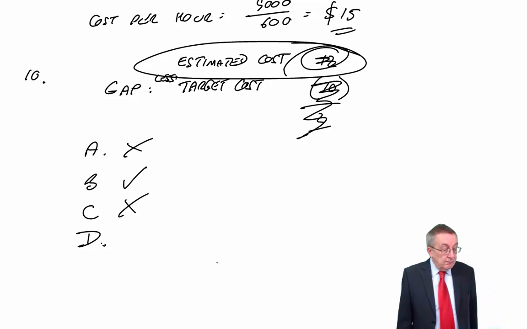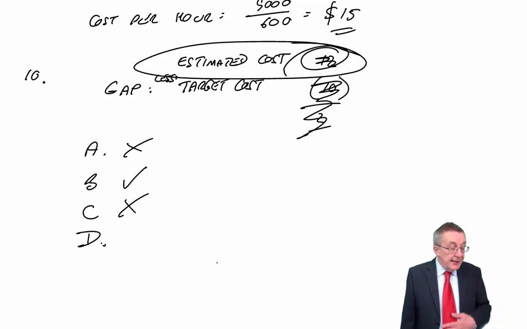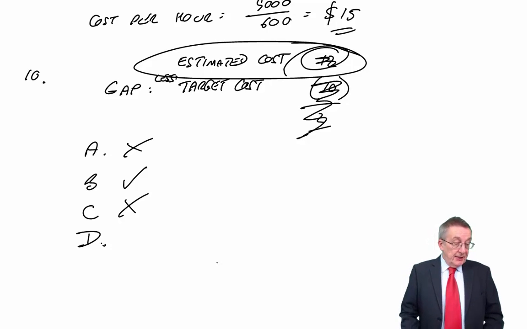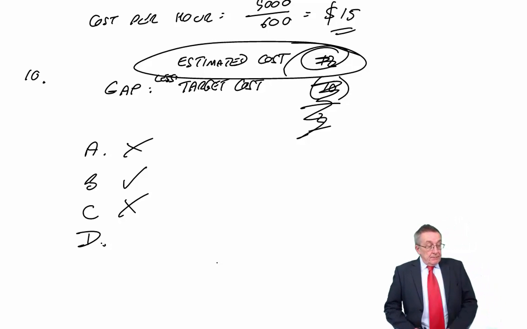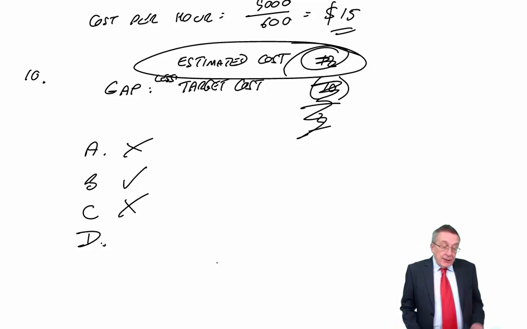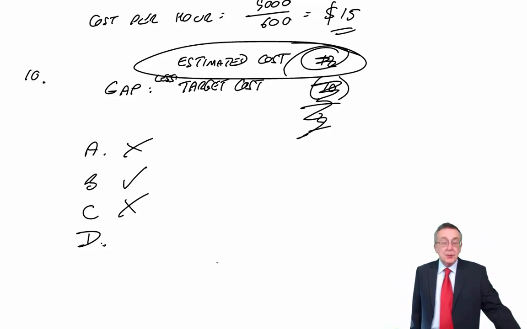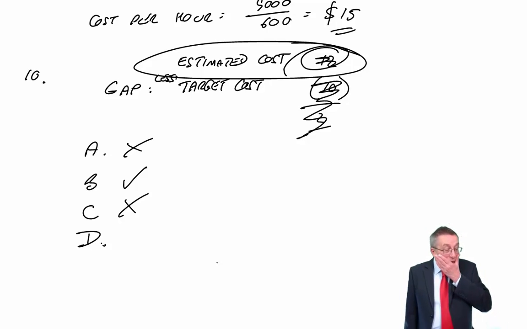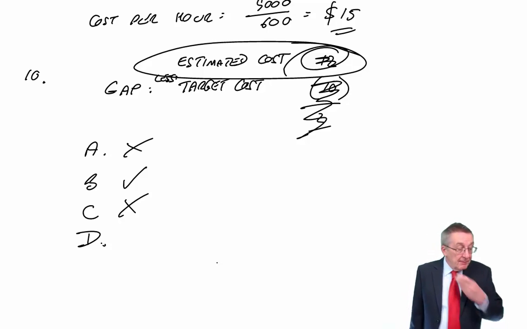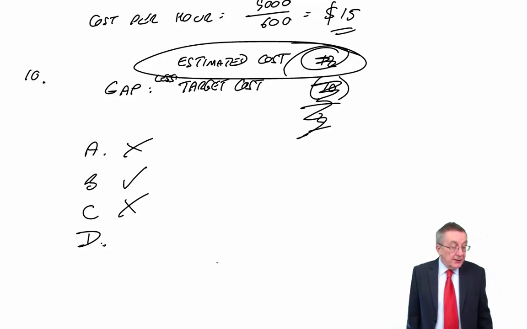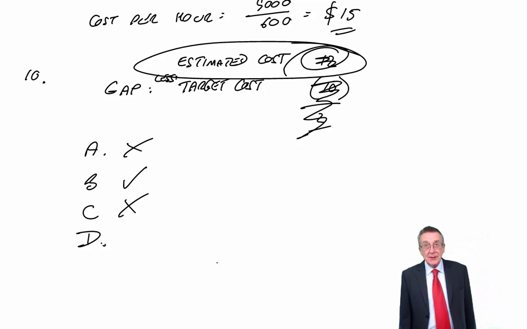Finally, D, negotiate cheaper rent for the company's premises. Now, this is tempting, but no, for two reasons. One is that, remember, this is only one of our products. We're making multiple products.